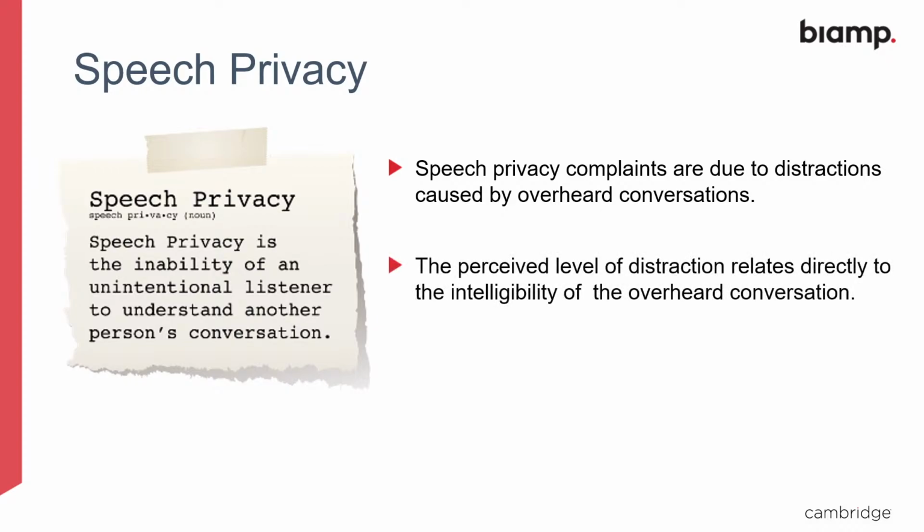Looking at it more, the perceived level of distraction relates directly to the intelligibility of the overheard conversation. Yes, that's right. If I can understand what that person is saying in the background, that distracts me a lot more. Because then your brain goes, oh, I want to hear what they're speaking about. Yes, and then you get distracted and you overhear a conversation.